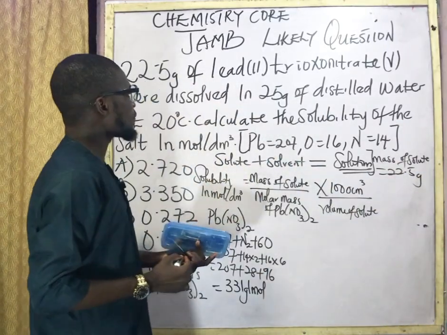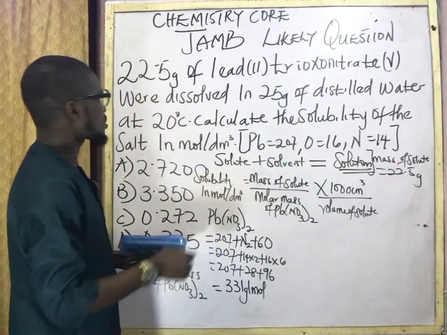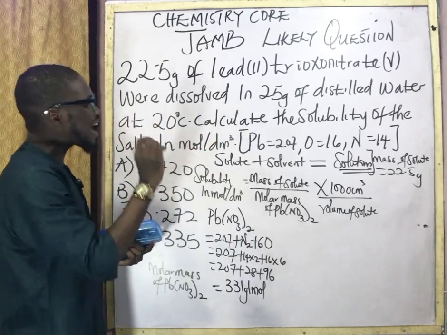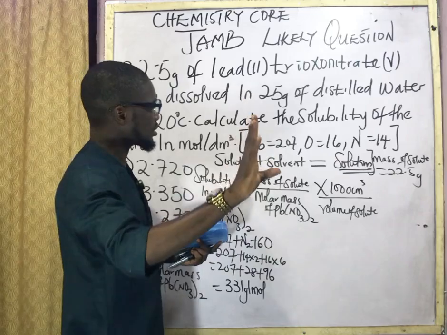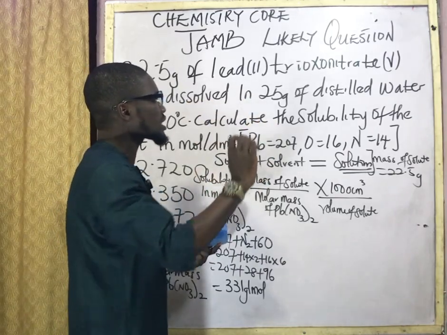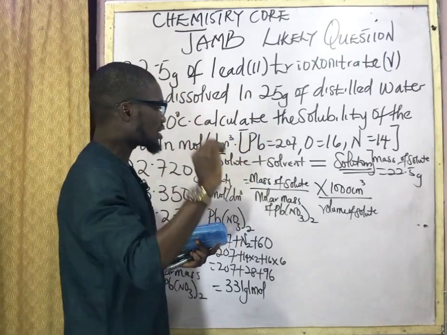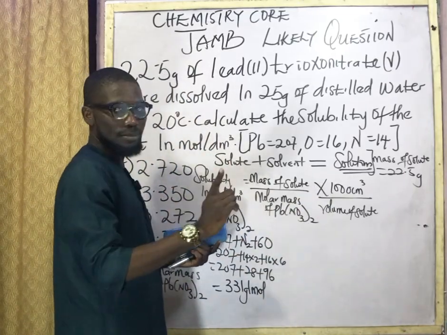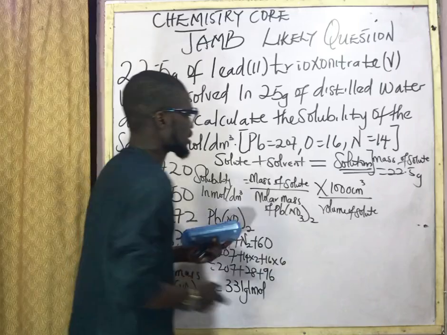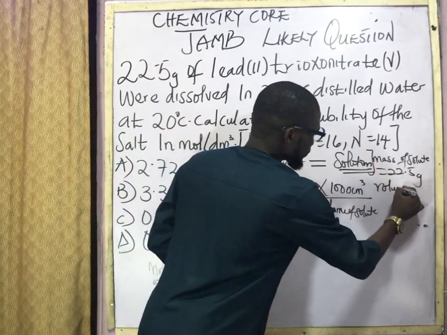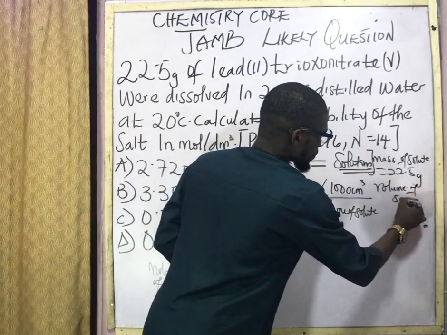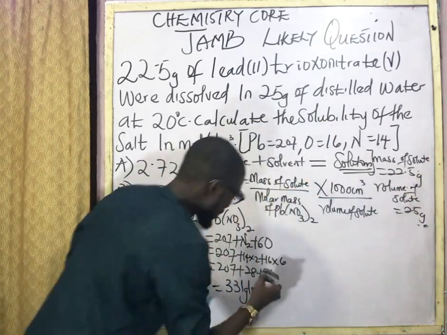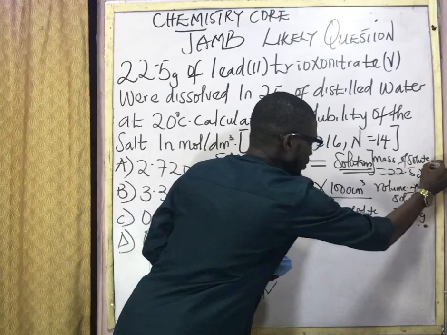Now, what is the volume of solute? Were dissolved in 25 gram of distilled water. That word distilled water is giving us the trick that the volume of the solute is 25 gram. Please take note of that. So we said volume of solute, we have 25 gram. The first parameter is this. The second one, the third one.